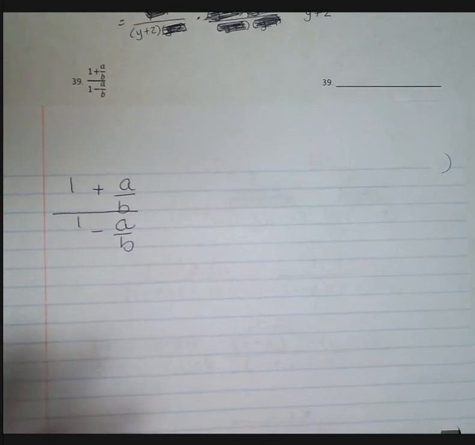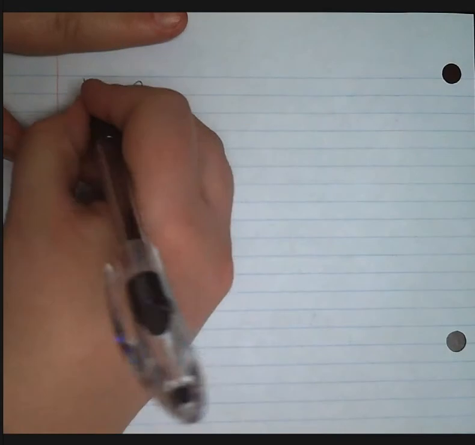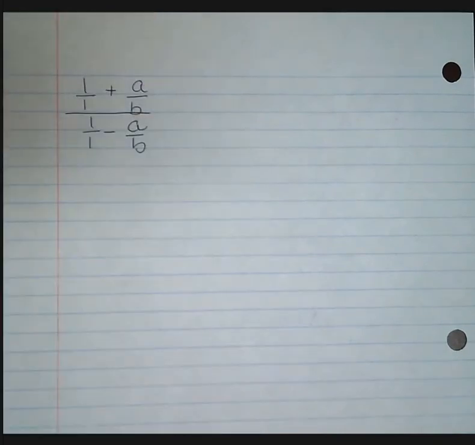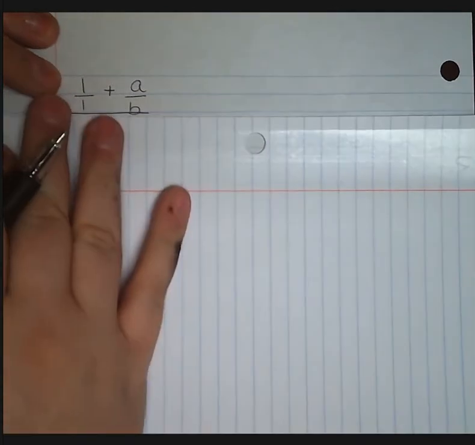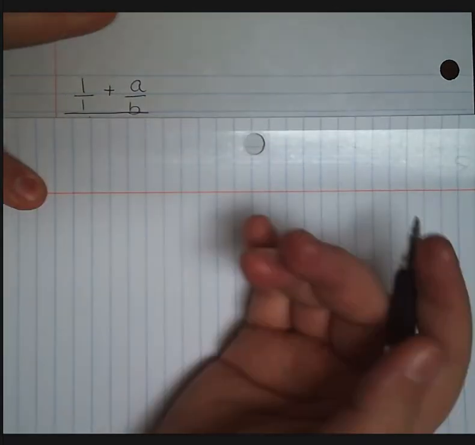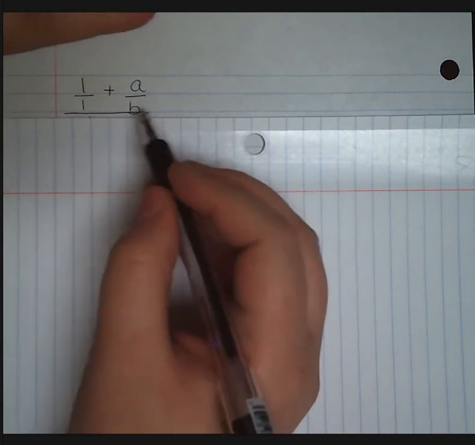Okay. So first thing we are going to do is put our whole numbers over 1. And I taught you in class that it could be helpful if you covered up your bottom fraction first. So we're going to need to combine these two fractions in order to get a single fraction.